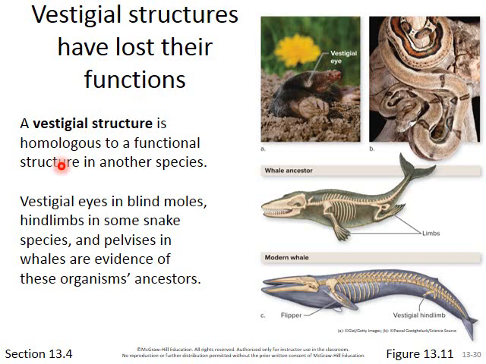So vestigial eyes in blind moles, hind limbs in snakes, pelvises in whales. These are all examples of vestigial structures, ones that have been lost, but the small presence of some of them shows that they were there, showing that their homologous structure was there with common ancestors.